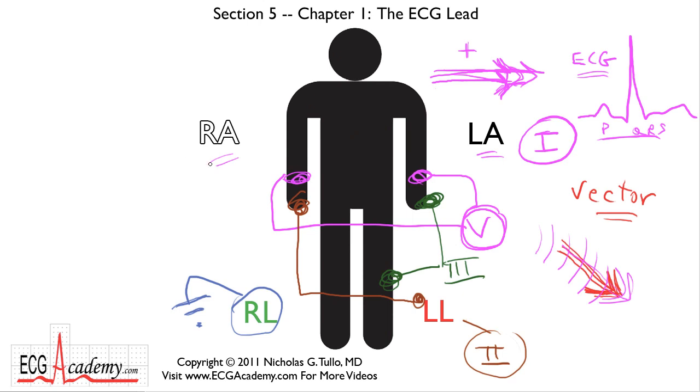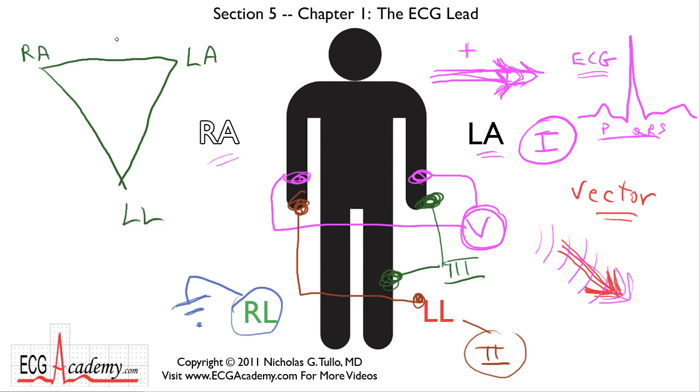Now, one of the pioneers in electrocardiography was a guy named Einthoven, and he described Einthoven's triangle, which had a lot to do with the early leads and the way he devised how lead systems are going to be created.